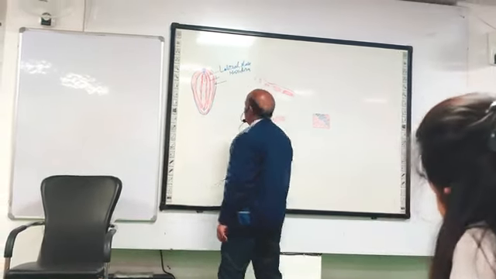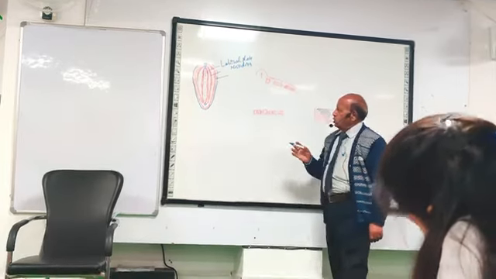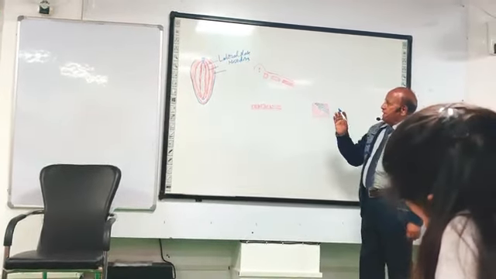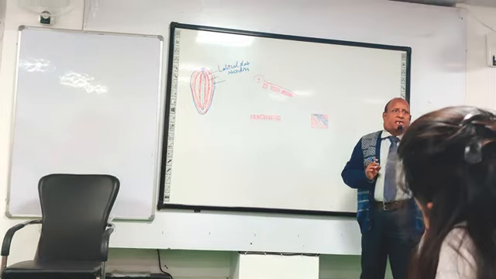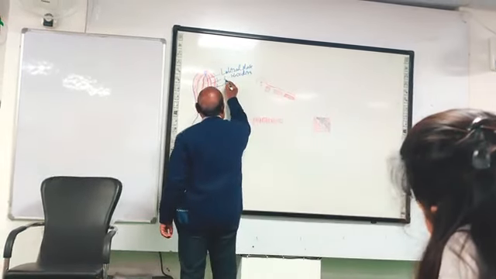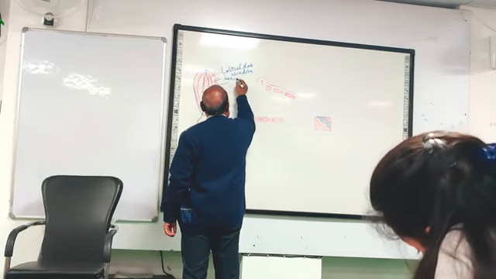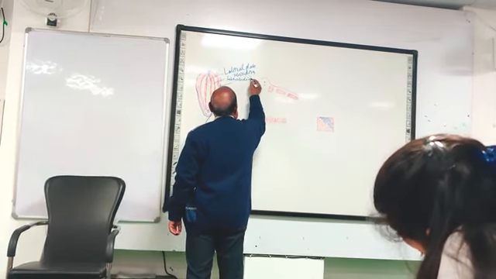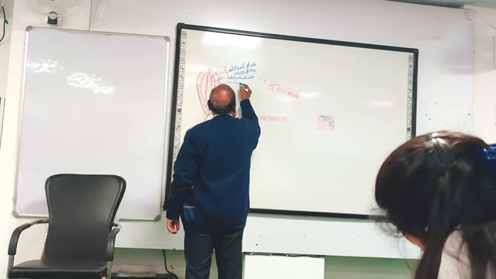Now the second zone that lies lateral to it is called the intermediate mesoderm.